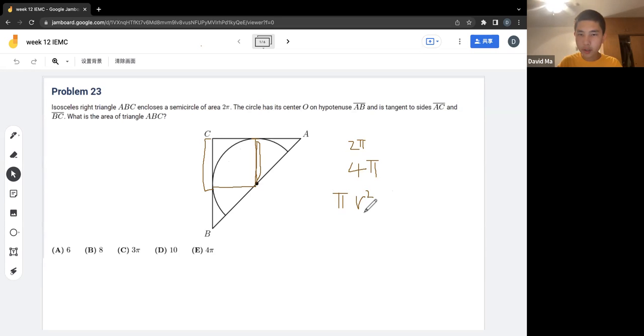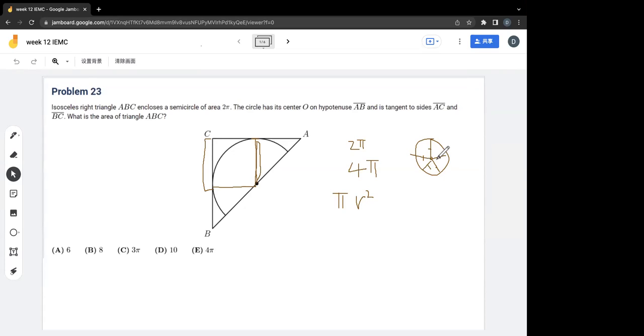And r, in this case, means the radius, which is basically the center point of a circle connected to the circumference of a circle. So these lines are all the radius of a circle because each connects the center point to the circumference of the circle. Does that make sense?